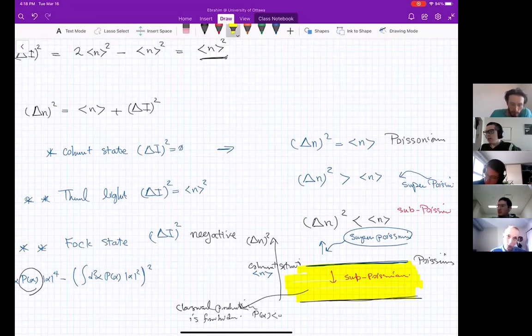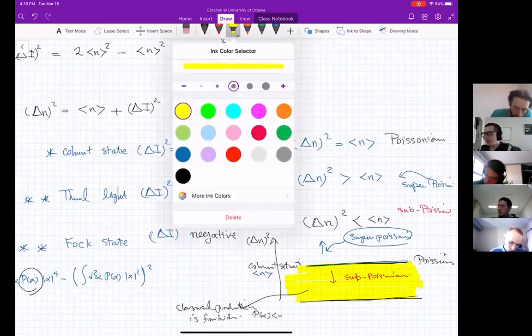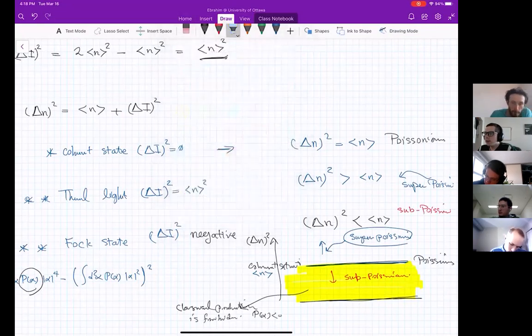While the other region, like what we have here, is super-Poissonian, for which you do have a classical description. You have a classical probability for it, like the one we just drew.